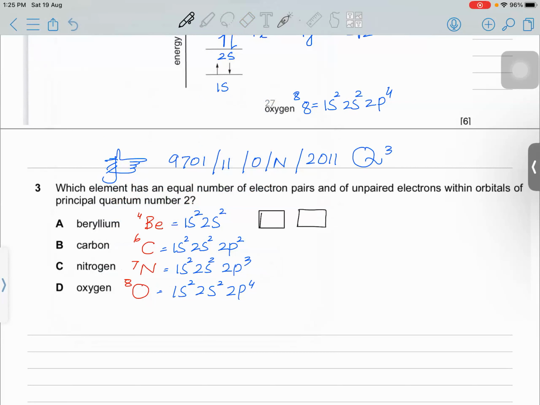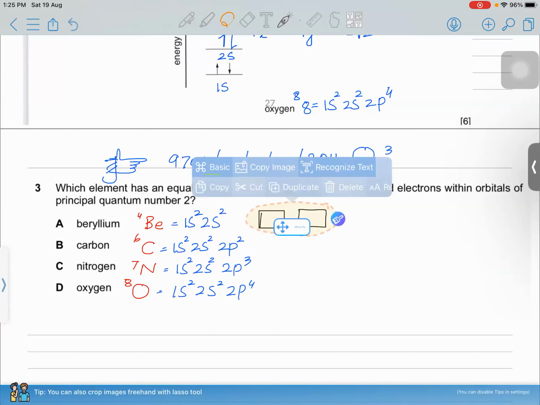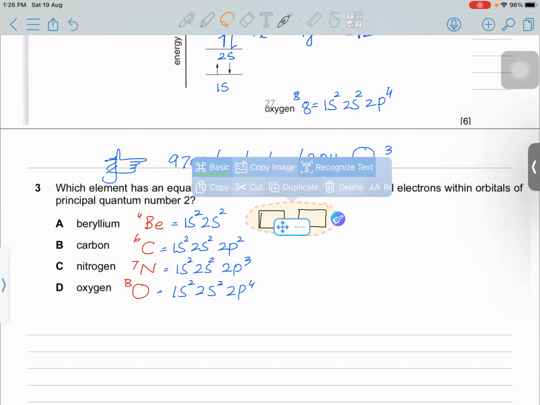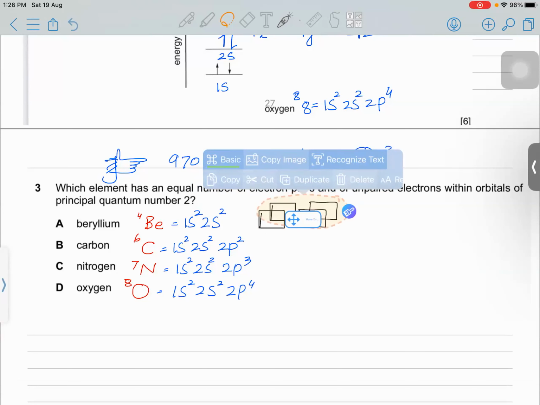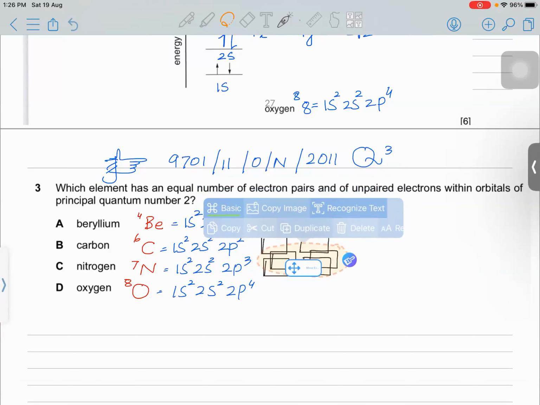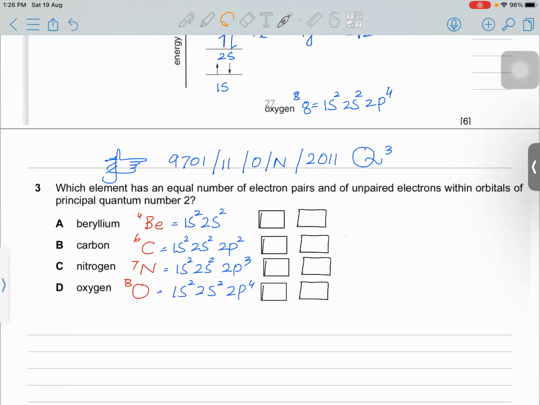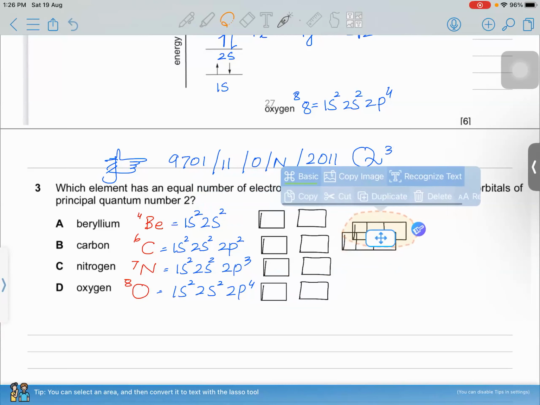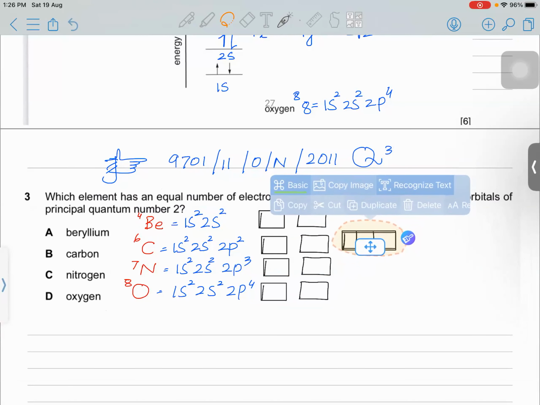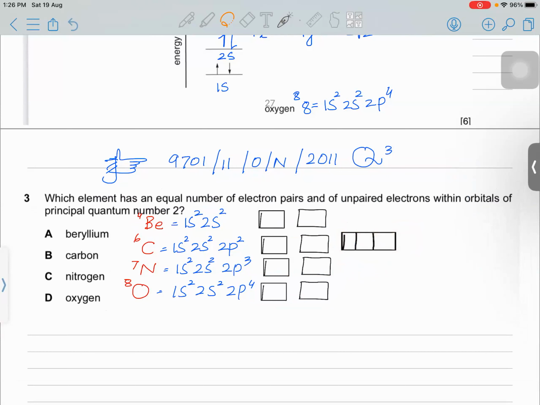Another name for shell is principal quantum number: shell, principal quantum number, energy level, orbit. And this is 2p.